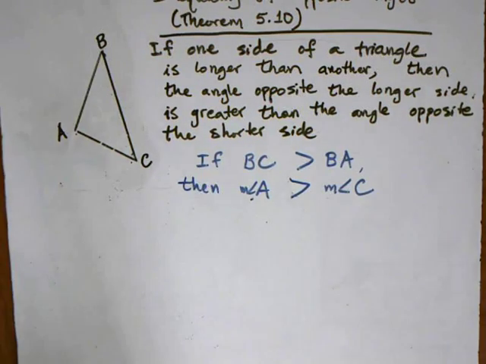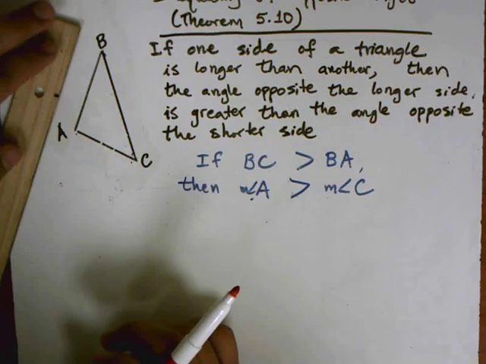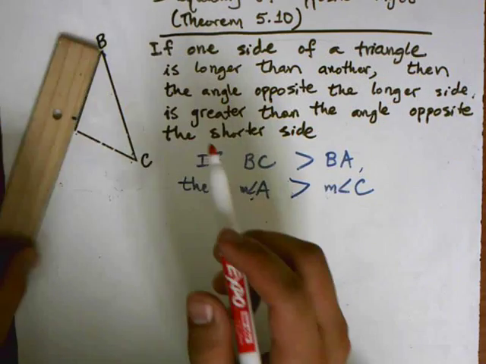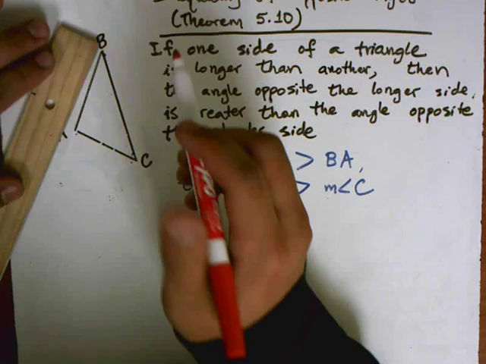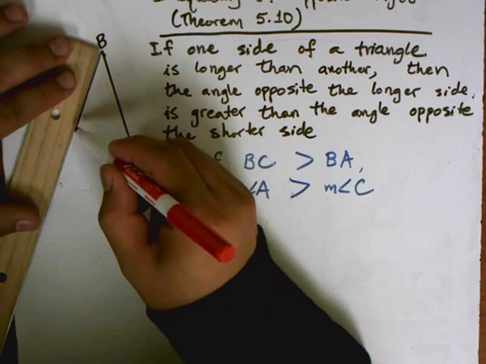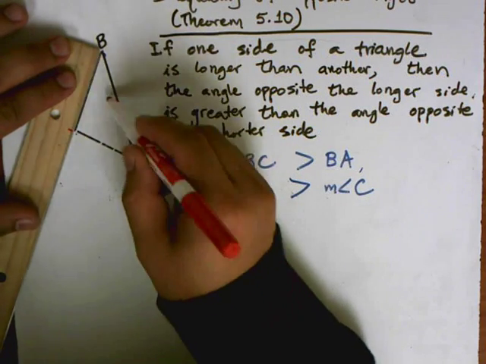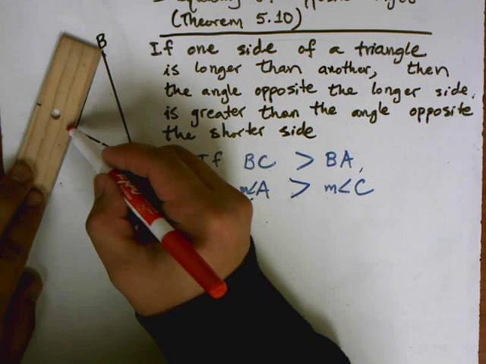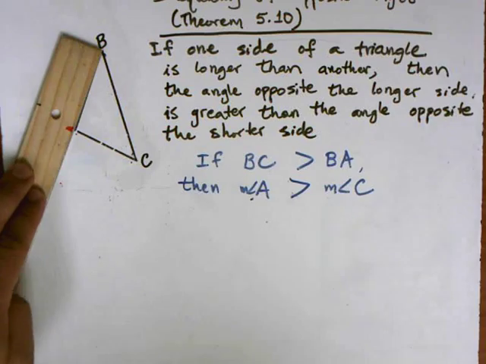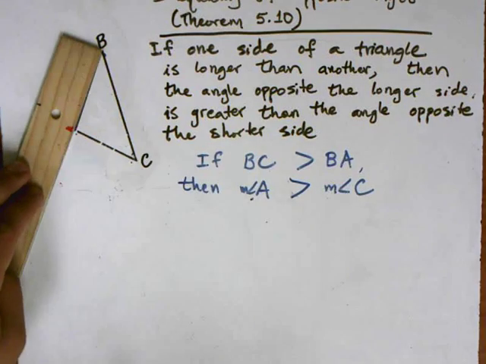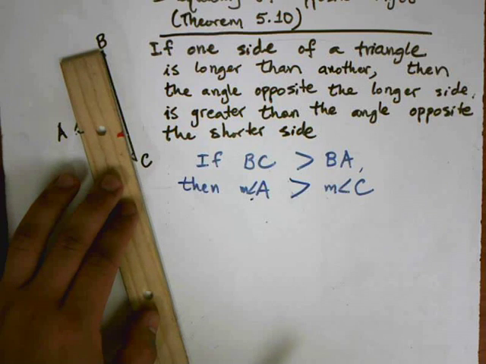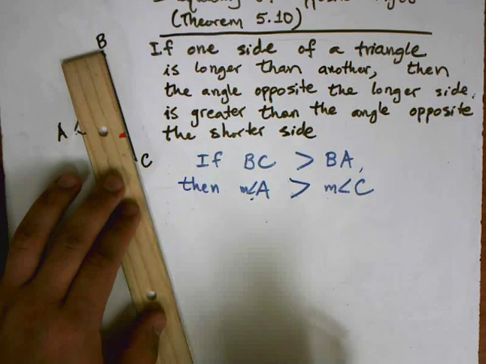So the first thing that I am going to do is put my ruler on here and make a mark for the length of AB, and then duplicate it on AC. So I've made this mark here. And the Ruler Postulate is so nice because it says that if I have a length, I can replicate it anywhere. So I'm going to replicate it along BC.